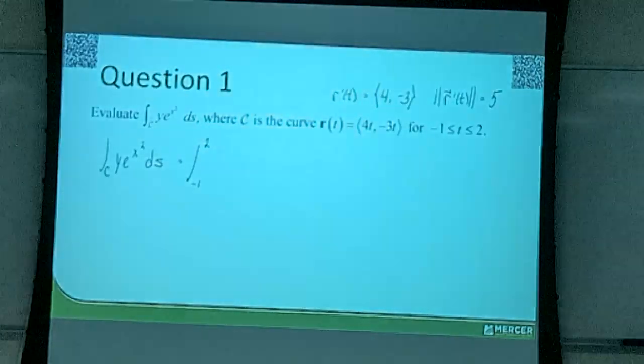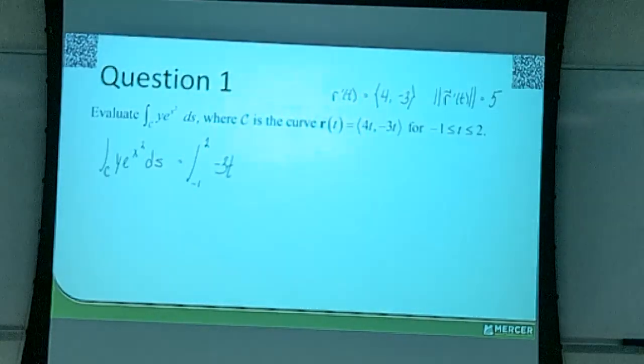Everywhere there's an x, you replace it with 4t. Then it is times the magnitude of the derivative of the path, dt.